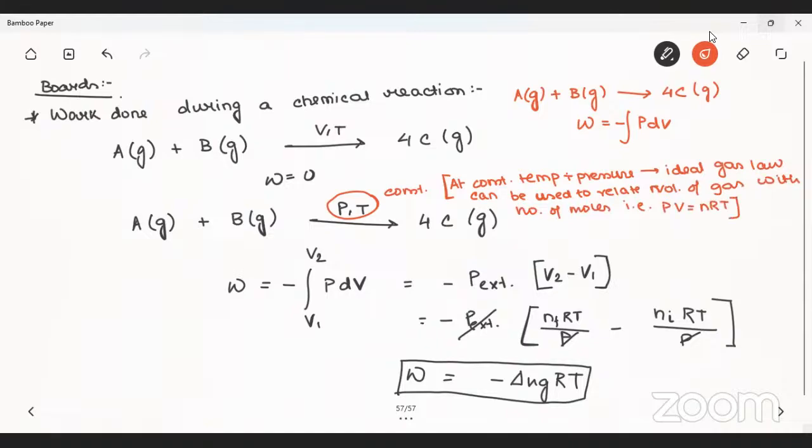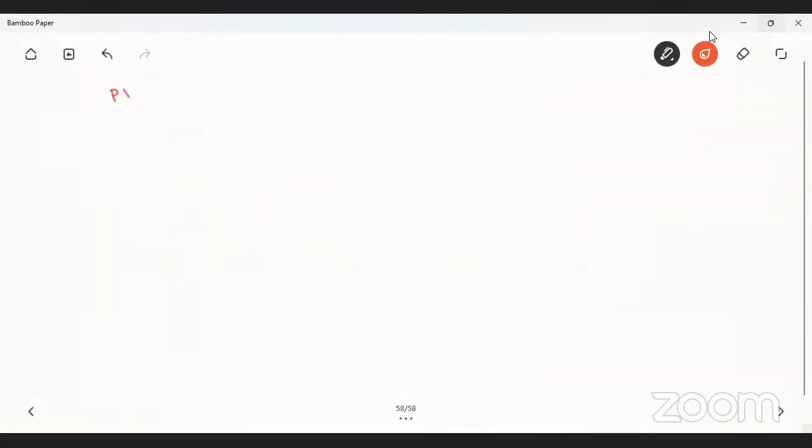I have considered pressure and temperature constant, and at this condition, the ideal gas law can be used. Now, if we differentiate both sides, I'm doing it on the next page.